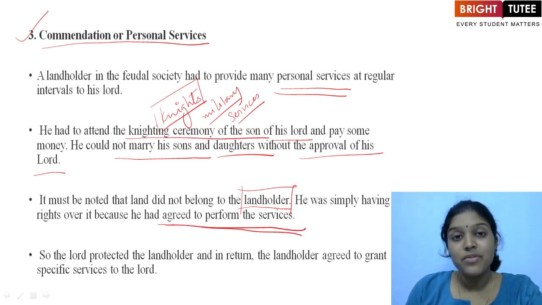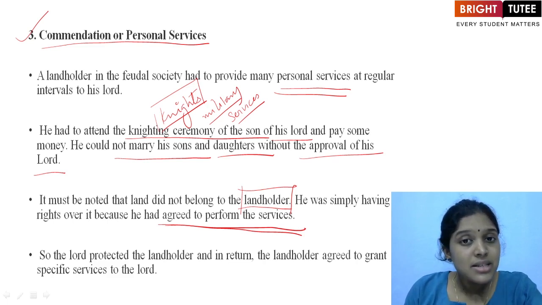This is a very important feature: because the tenant has agreed to serve the needs of the lord, he has the right to hold the land. If he decides to stop these services to the lord, the tenant ceases to have any right over that piece of land which he has received from the lord.